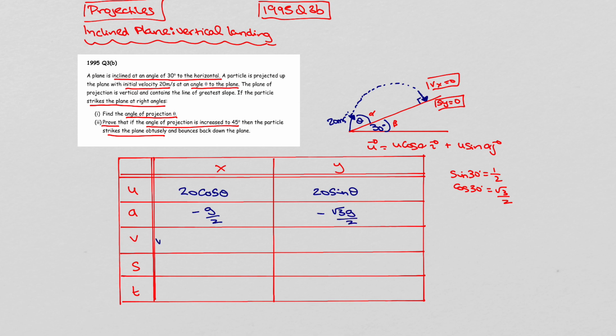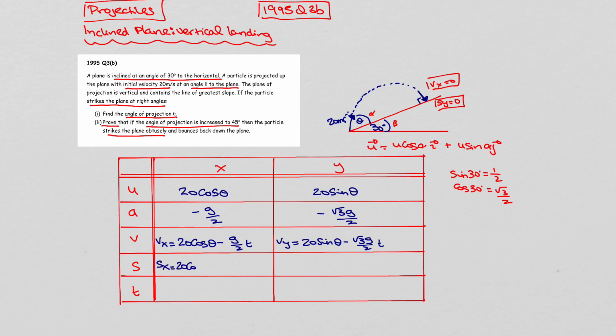So therefore, v in the x direction is u plus at. So that's 20 cos theta minus g over 2 t. And in the y direction, 20 sine theta minus root 3g over 2 t. S in the x direction is ut plus a half at squared.